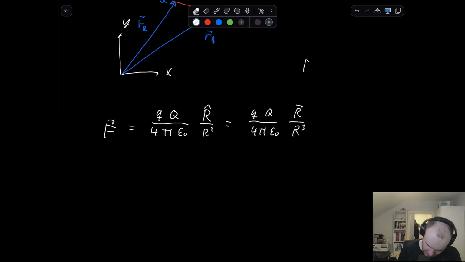Because r hat is, of course, just the r vector divided by r, normalized.